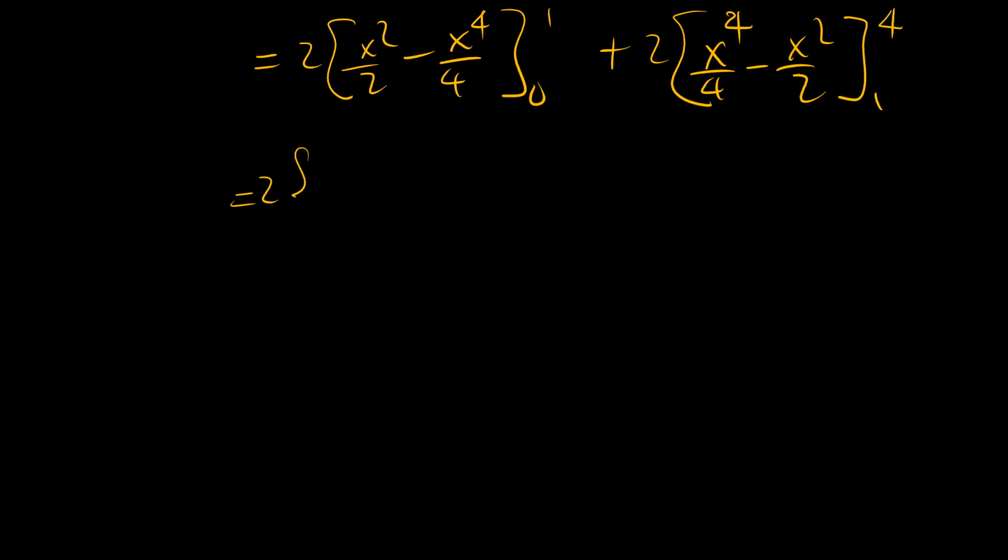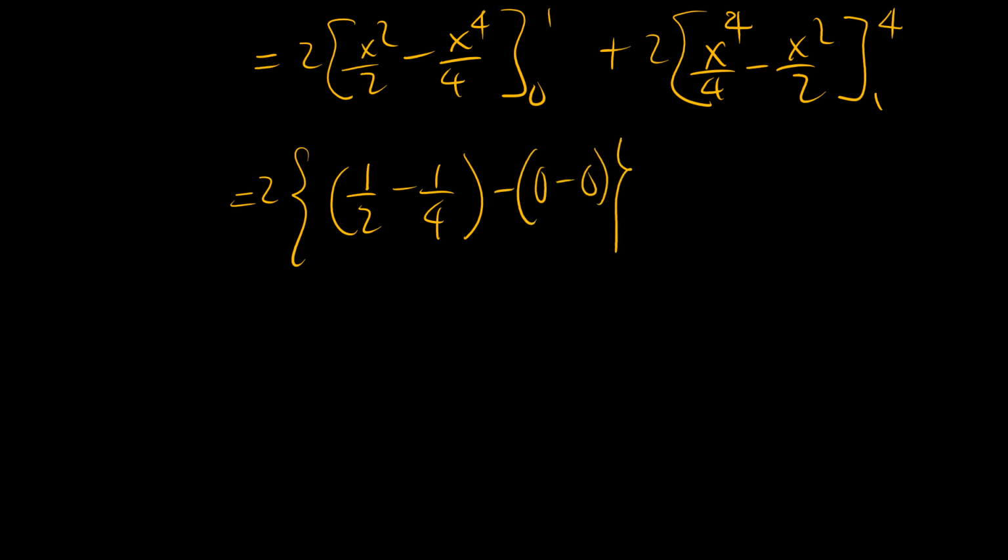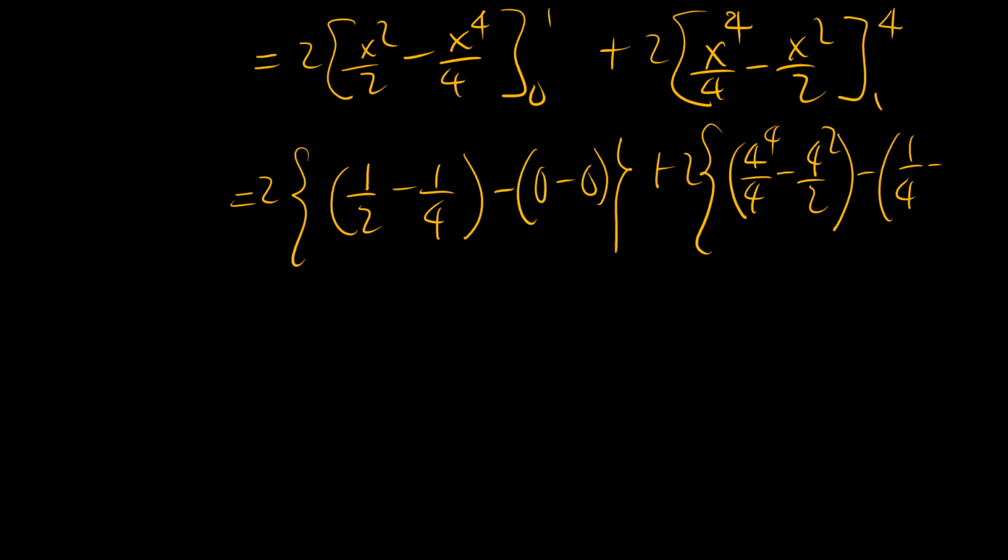So which is half minus a quarter minus 0, plus 2 times 4 to the power 4 over 4 minus 4 squared over 2, minus 1 over 4 minus 1 over 2.